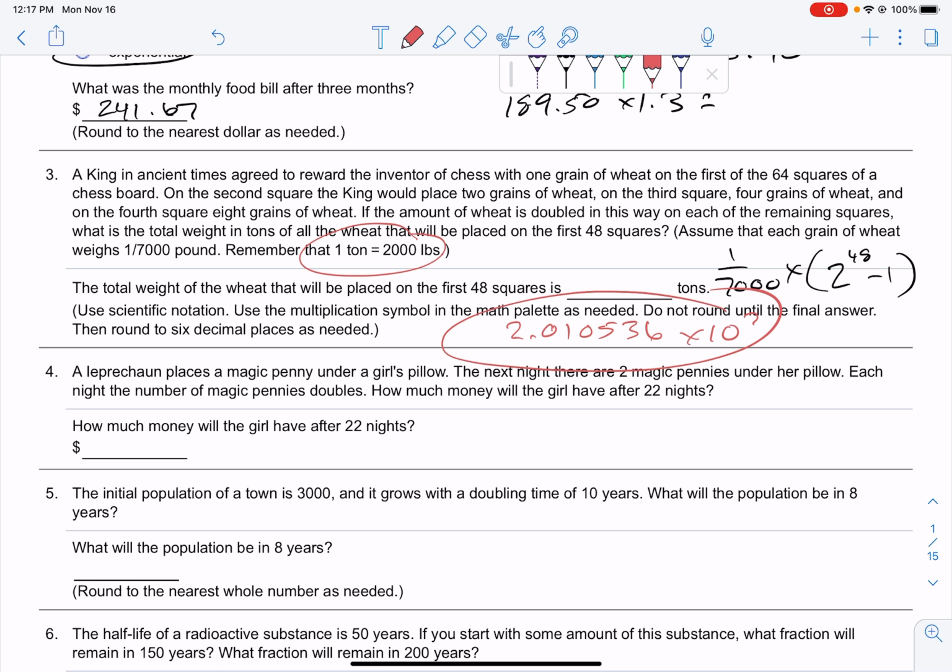Okay, a leprechaun places a magic penny under a girl's pillow. The next night there's 2 magic pennies, and this repeats. So we're doubling every night, okay? How much money will the girl have after 22 nights? So for this one, I'm going to take 2 and I'm doubling 22 times.